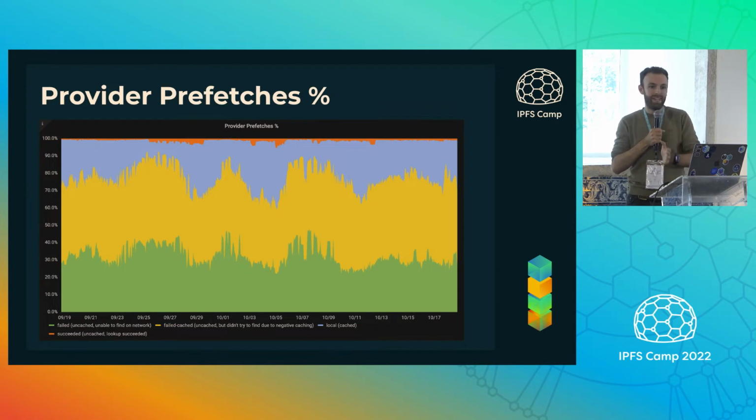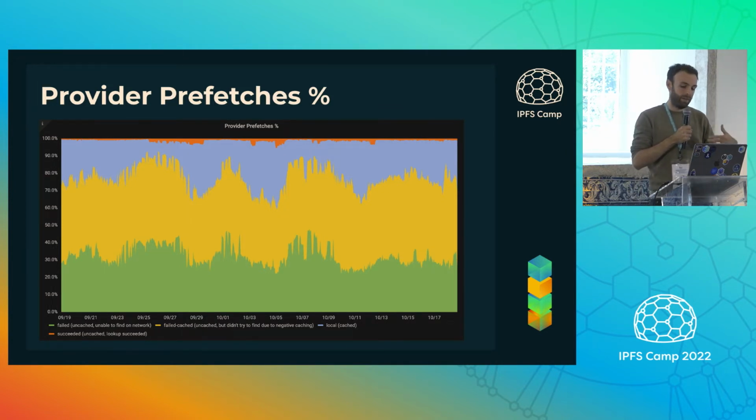The Hydra went ahead, tried to find it in the network, but has not found it, and thus has put the CID into a negative cache. That means if another peer requests the same CID, the Hydra knows, well, I just searched for it, I couldn't find it, so I just discard this CID. And the green one at the bottom is where the Hydra went ahead, tried to find it in the network, and couldn't find it in this particular time slot here.